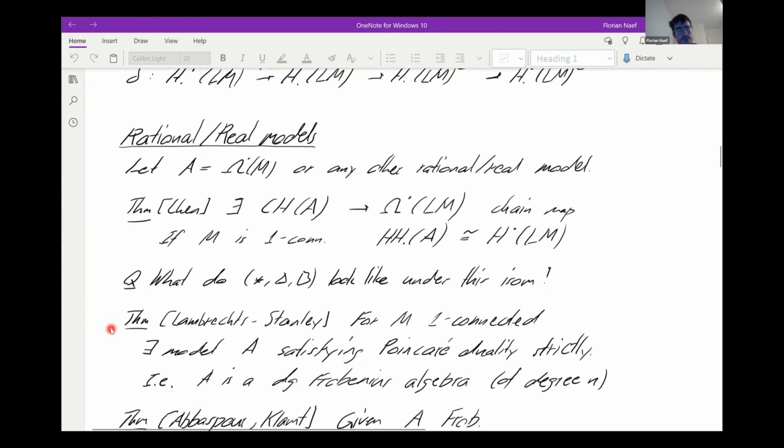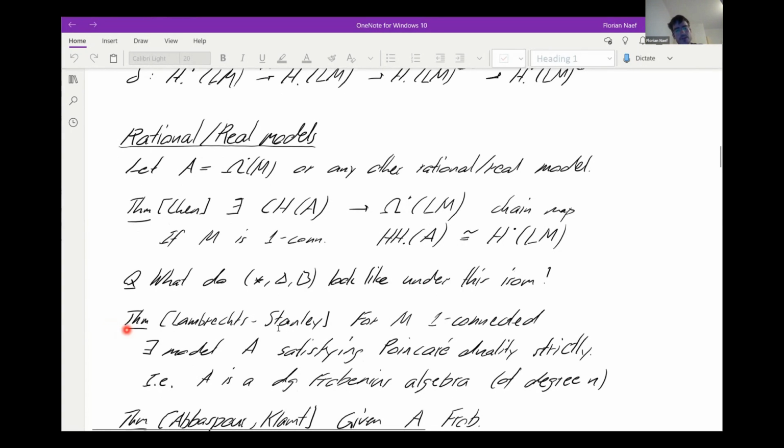So the first answer that we can give is that in certain cases, namely if M is simply connected, then you can choose a particularly nice model for the manifold or for differential forms. And in that model, there's a straightforward algebraic model that is at least a good candidate.